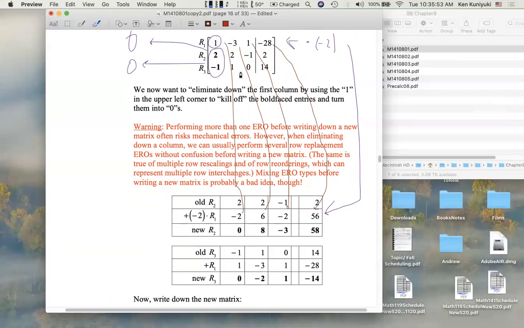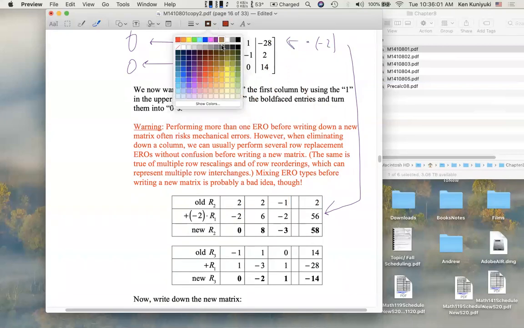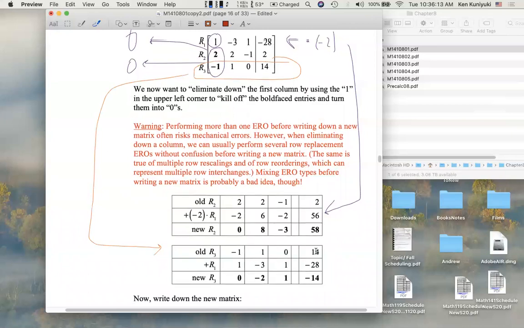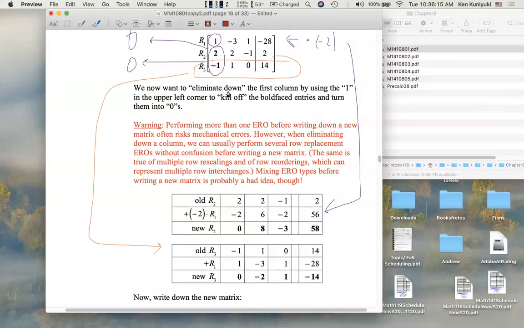The old row 3 looks like this: negative 1, 1, 0, 14. And then we're going to add row 1 to that.